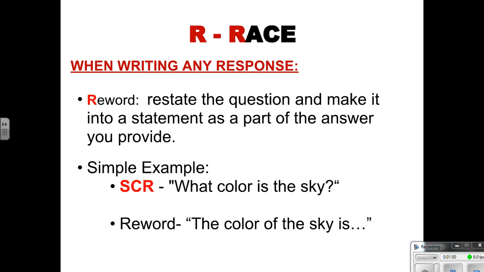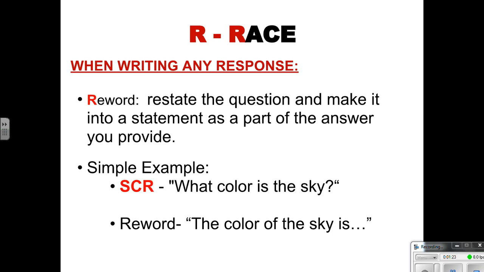So let's talk about R. When you're writing any response, you want to reword, aka restate, the question, and you want to turn that question into a statement. That is how you literally provide your answer, and that essentially is your topic sentence.